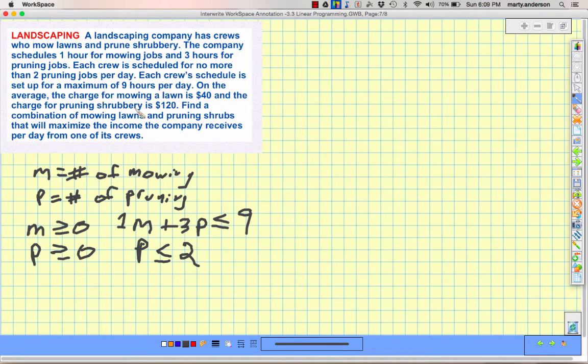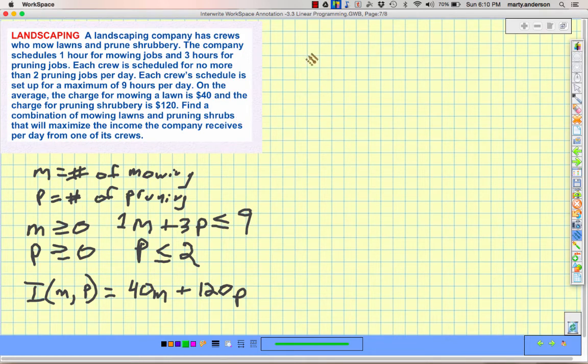And then our function we're going to try to maximize is our amount of money. So our income of mowing and pruning will be equal to $40 times every mowing job plus $120 times every pruning job. So I have my system of equations.